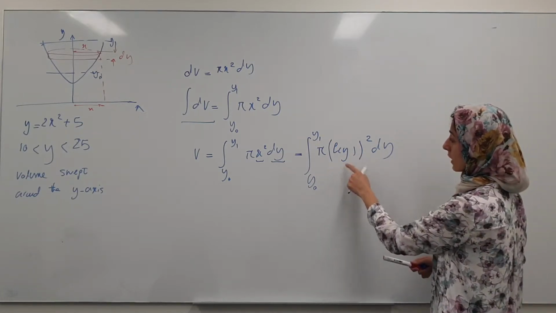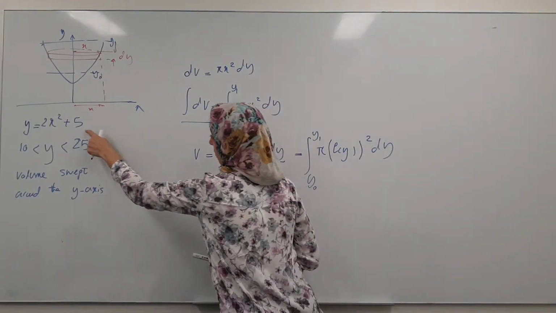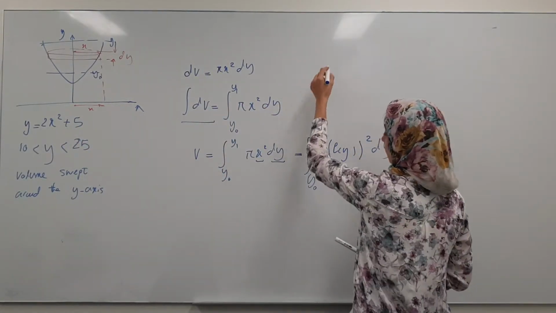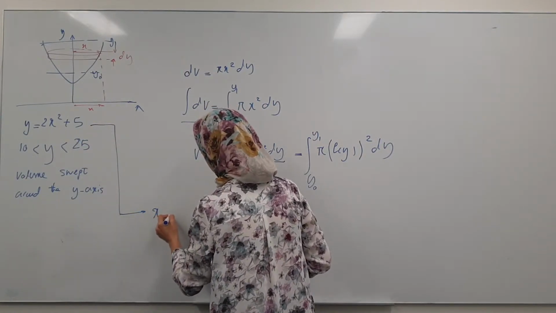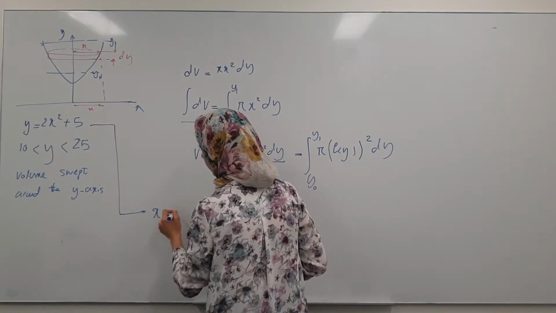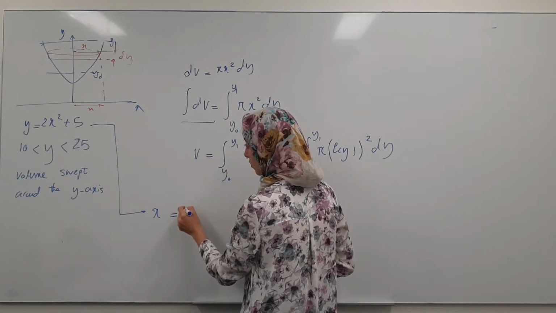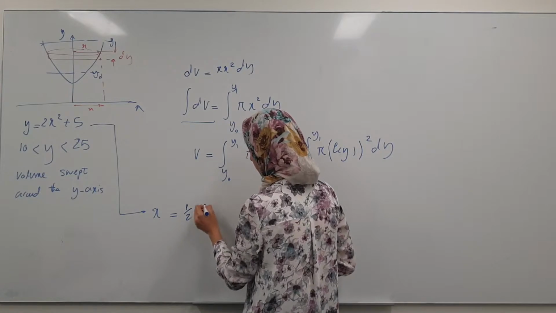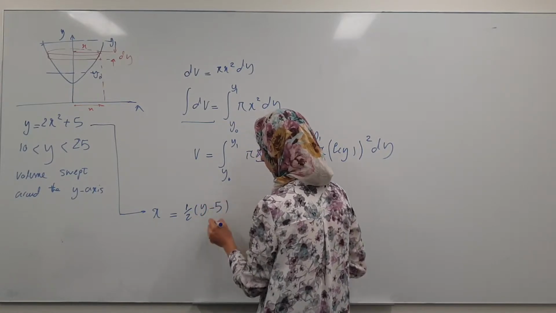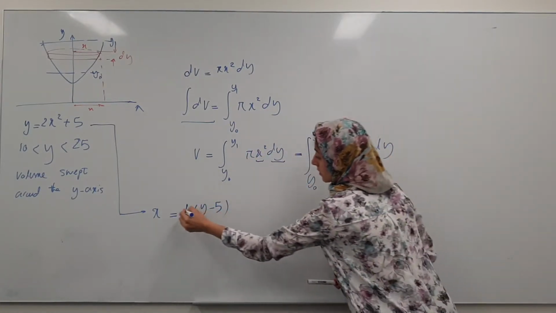How are we going to do that? We know the relation between x and y. If I use this one, I can just rearrange it and write x is equal to the square root of (y minus 5) divided by 2.